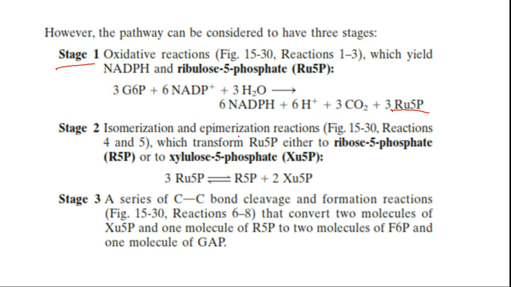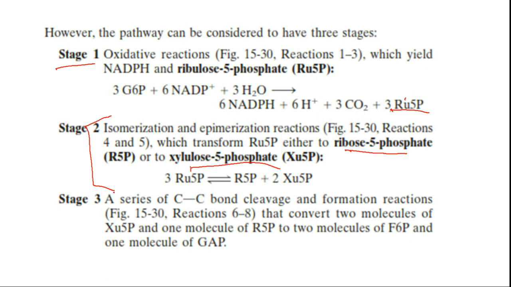Then in the second stage, isomerization and epimerization: this 5-carbon sugar is converted to ribose 5-phosphate or xylulose 5-phosphate. Xylulose is an epimer of ribulose, and ribose is an isomer of ribulose.